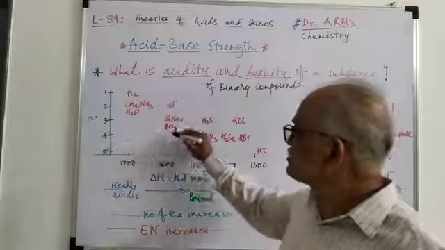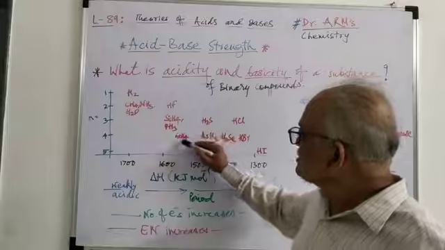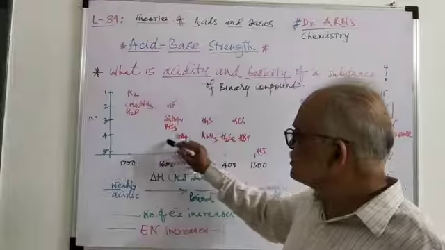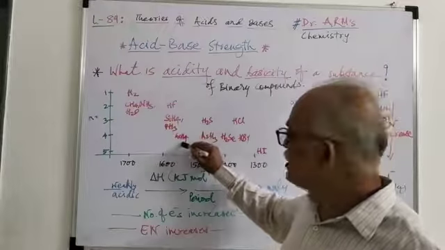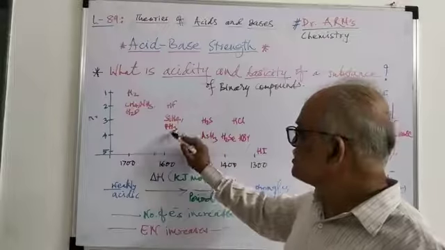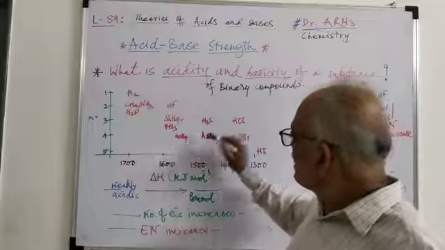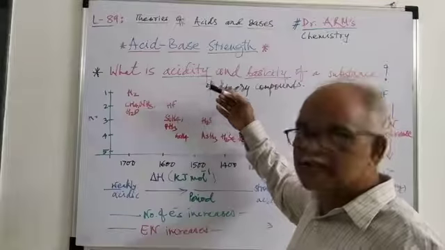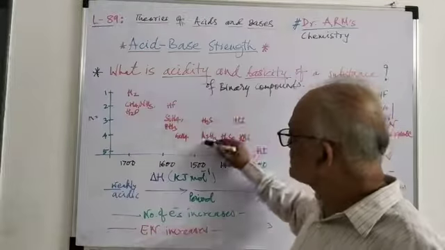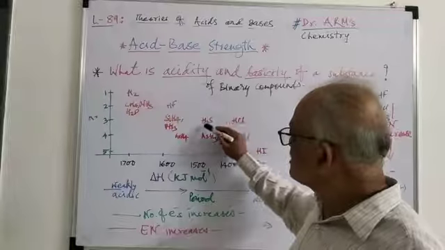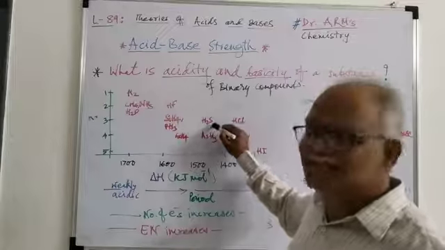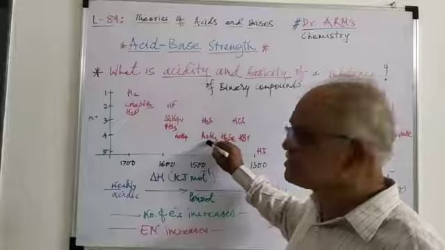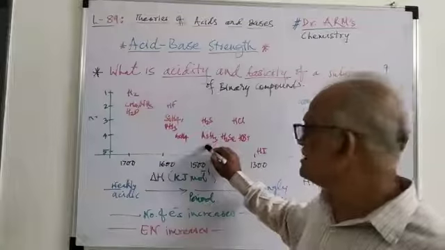GeH4 is lying in the fourth period, and that also is a relatively stronger acid. Again, if we move to H2S and AsH3, H2S is lying at a higher position in the group and As at a lower position. So H2S is a relatively weaker acid, and AsH3 is a relatively stronger acid.